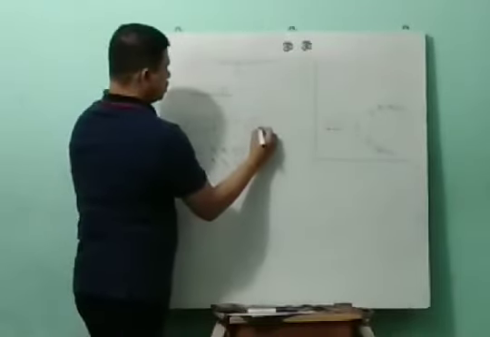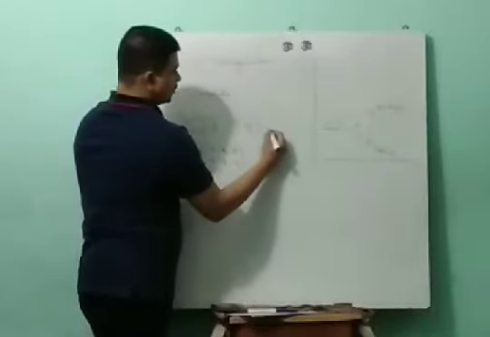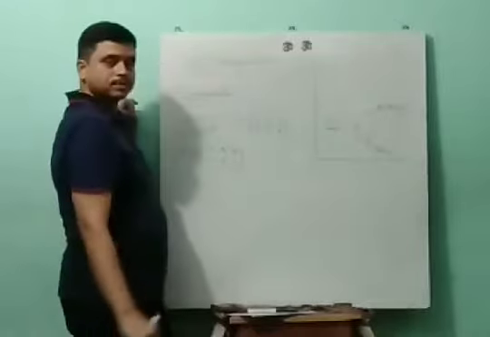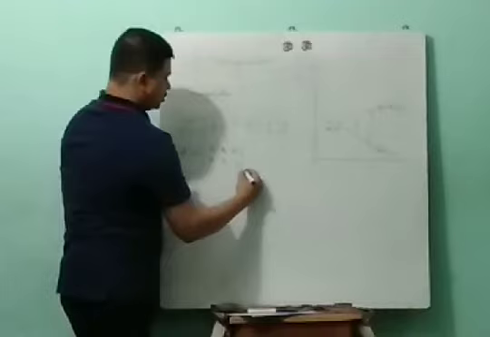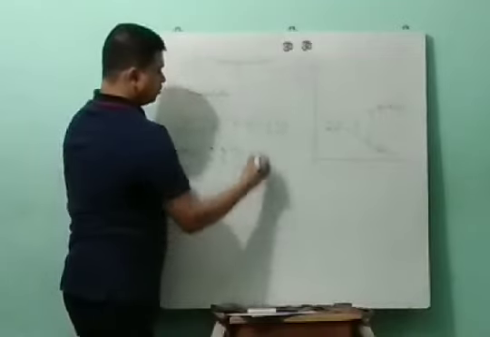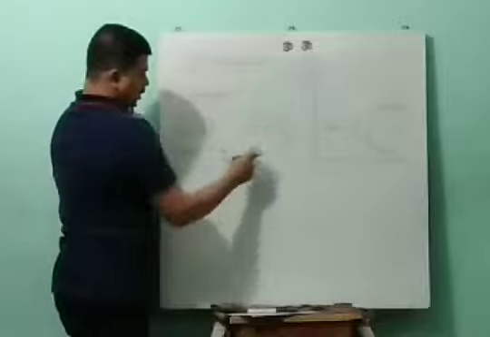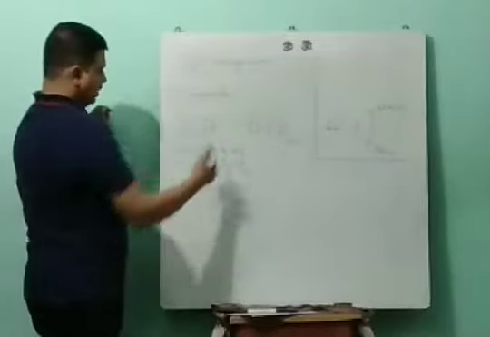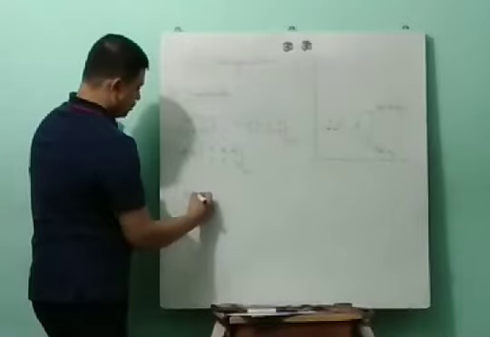So that is 2, 3, 2, 3, 2, 3, like this. Now you can observe, this is 2 rows, 3 columns, here also 2 rows, 3 columns. The two matrices are identical in all respects, so we can add.